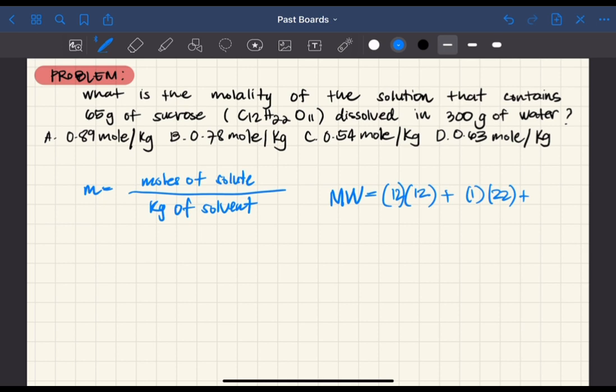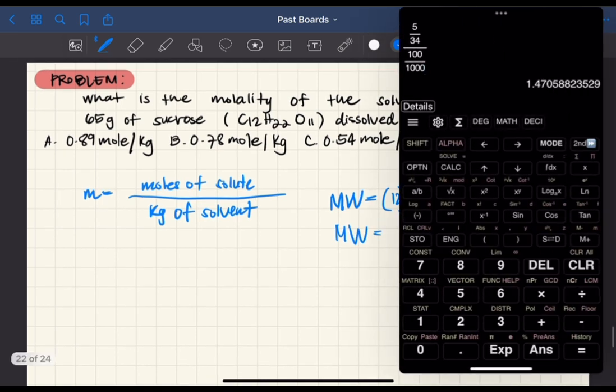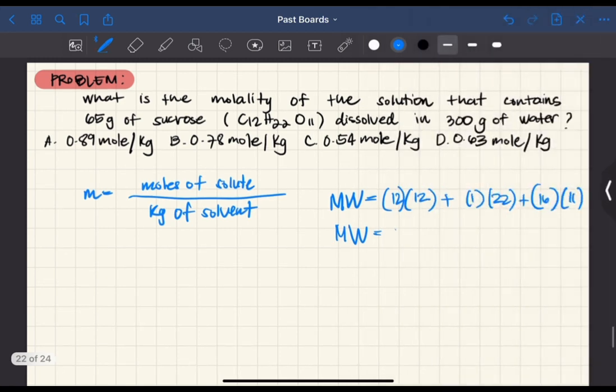And the atomic weight of oxygen is 16. However, there are 11 atoms of oxygen, so multiply by 11. So the molecular weight of sucrose is equal to 12 times 12 plus 1 times 22 plus 16 times 11. So this is equal to 342 grams per mole.